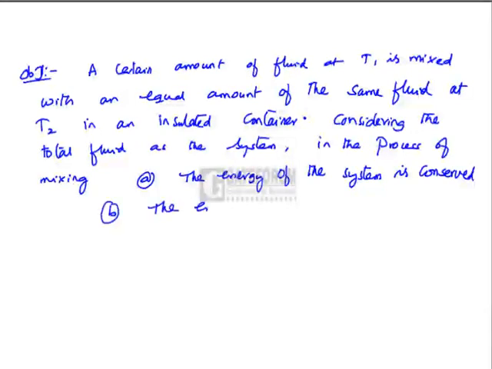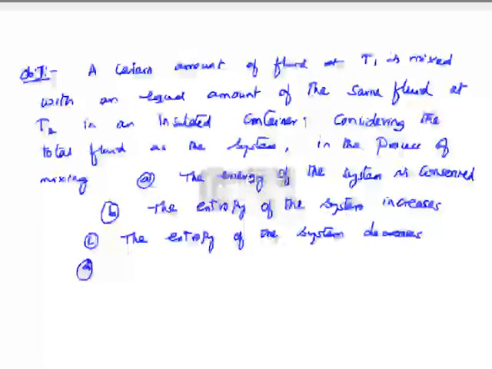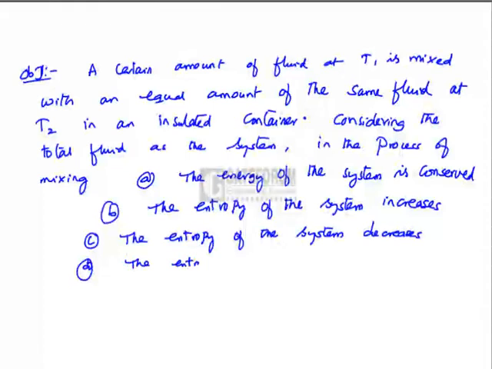B, the entropy of the system increases. C, the entropy of the system decreases. D, the entropy of the system is conserved.